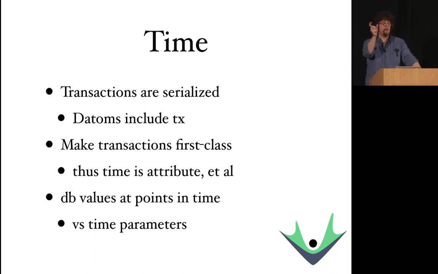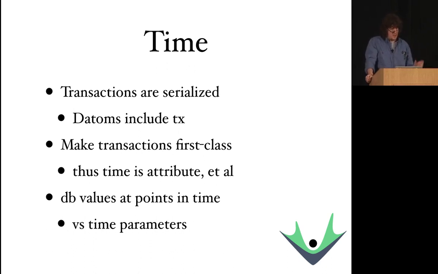As soon as you do that, you're like, ooh, I might want to associate who did it, or what process did it, or where did we get this information from with the transaction. You say, you know what? There's not a good reason for transactions not to be first-class entities. So do it. Transactions are first class. And time is just an attribute of the transaction, as could be other things.